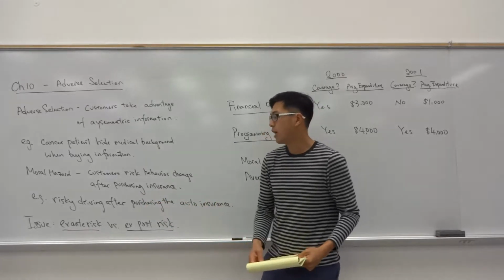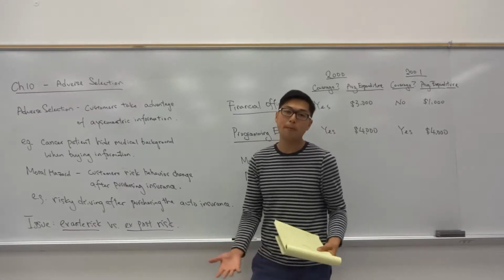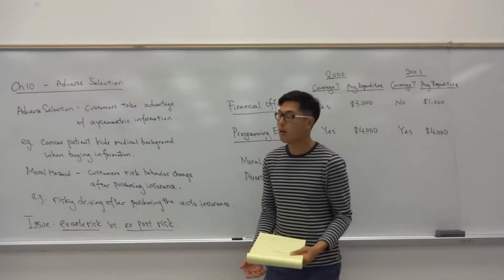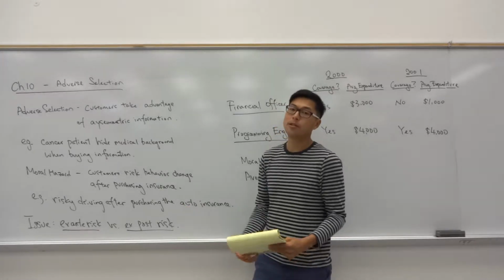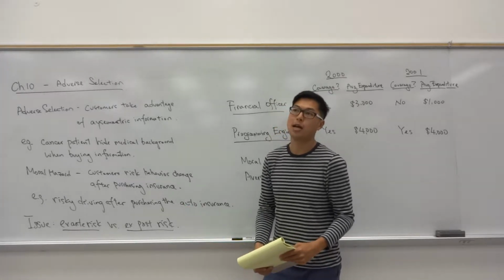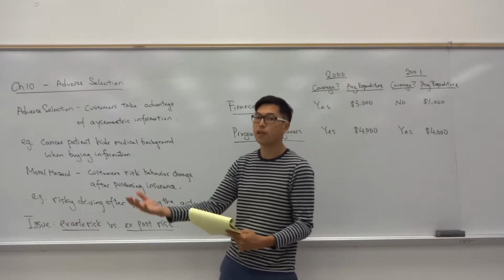In most cases, as we talk about in the PowerPoint lecture, it's more common for economists to capture the ex post risk, because those can be measured after the person gets into trouble and has the coverage.